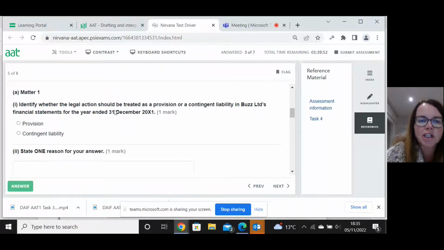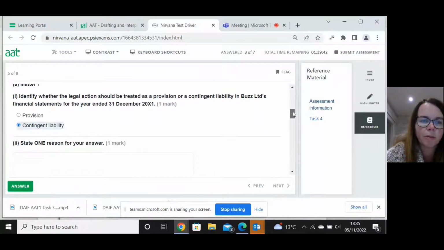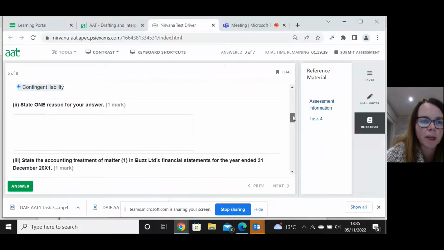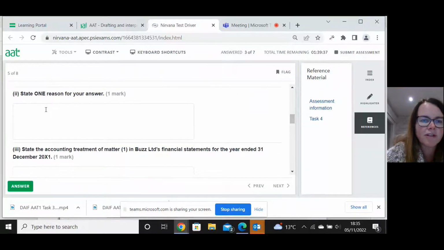Identify whether the legal action should be treated as a provision or a contingent liability. So 1 mark, we know it's a contingent liability because it's possible, not probable. So state 1 reason for your answer.